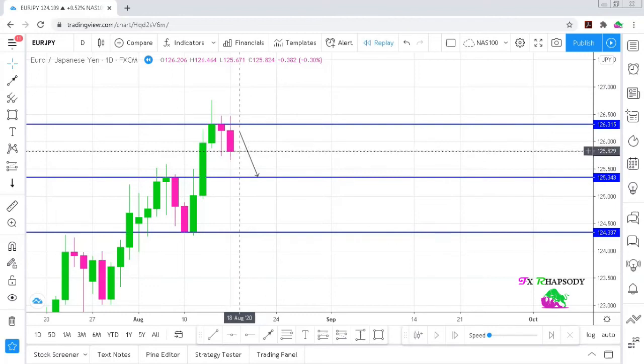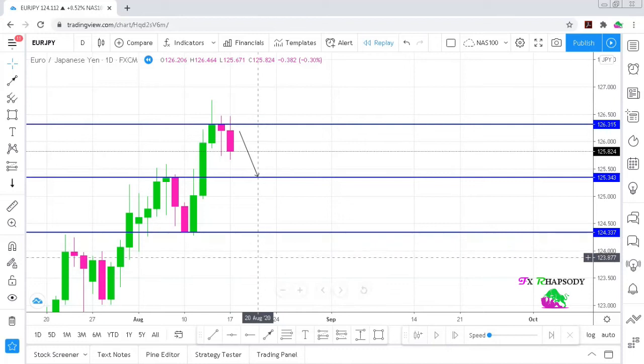Or I would wait until price gets to this point, see if price breaks through, and then place a buy order at the bottom, where the buyers will definitely be waiting to push the price up again.